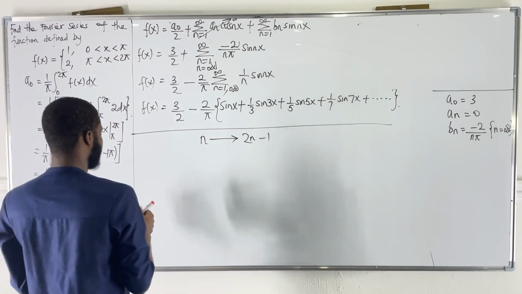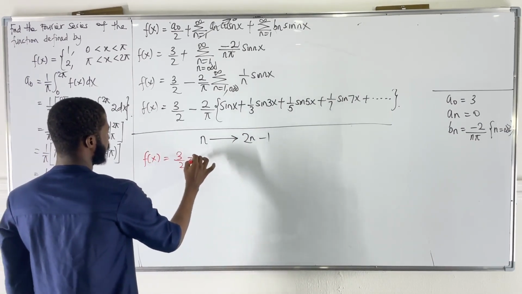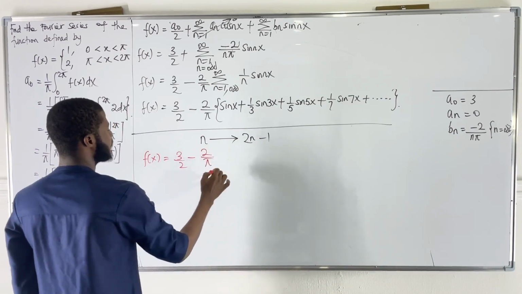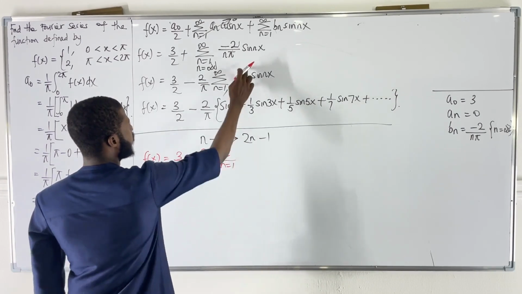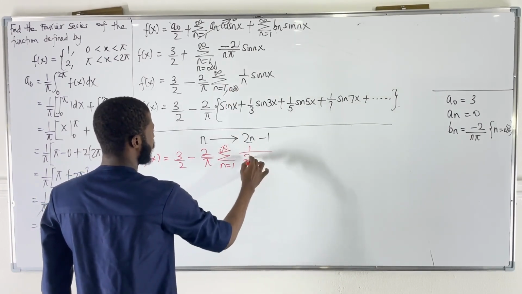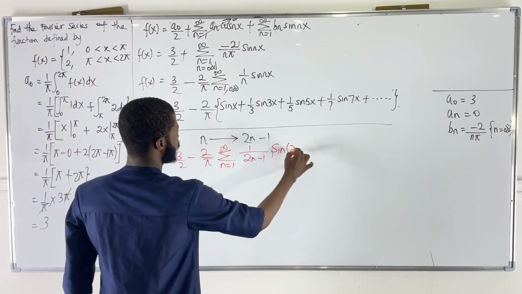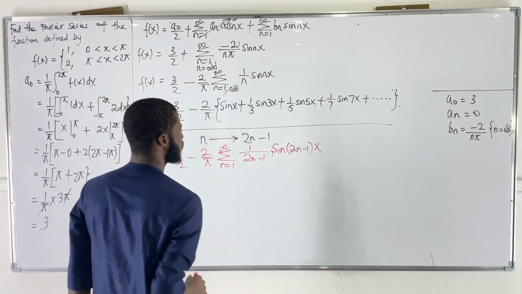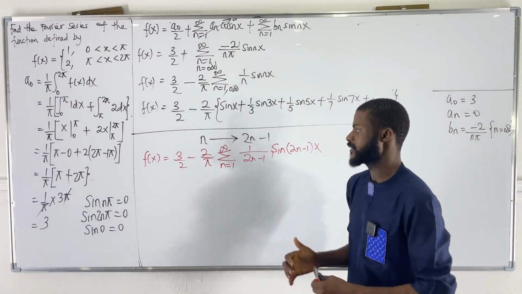So when we do that, f of x equals 3 over 2 minus 2 over pi, the sum from n equal to 1 to infinity, of 1 over 2n minus 1 sine (2n minus 1)x. And this will then become the answer to the Fourier series.